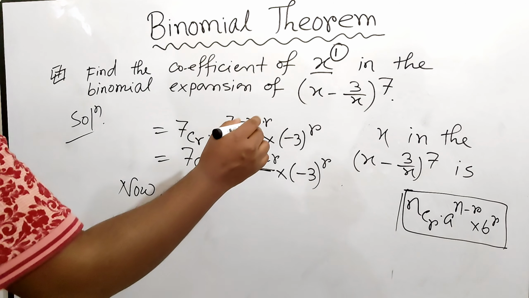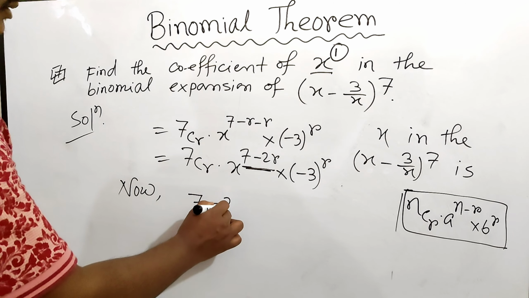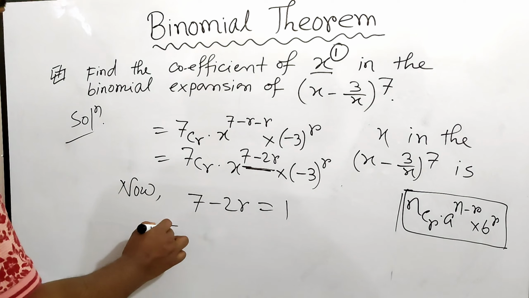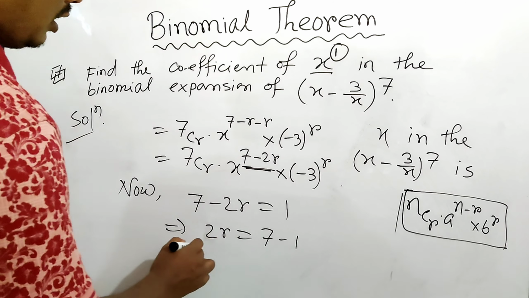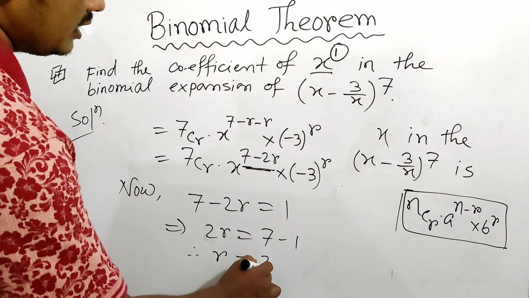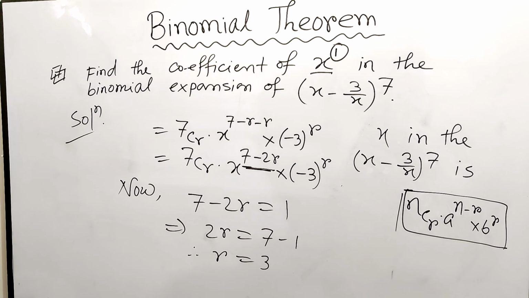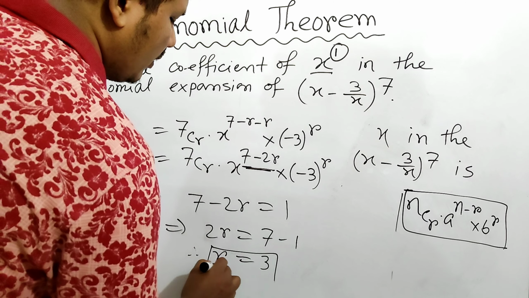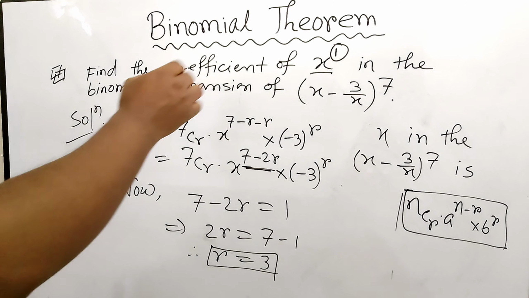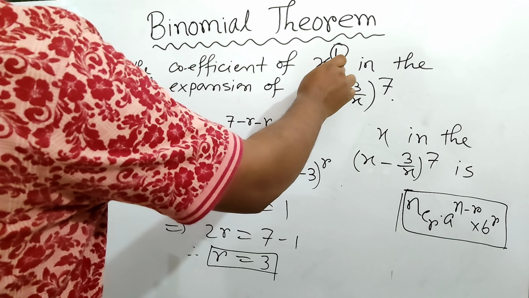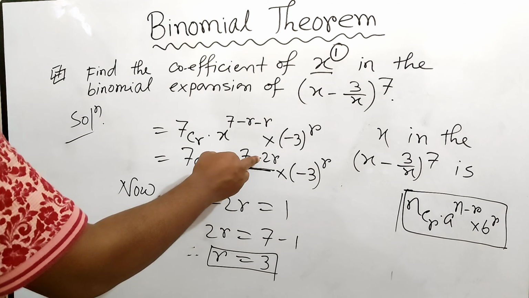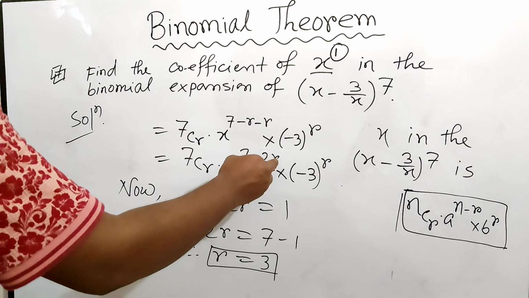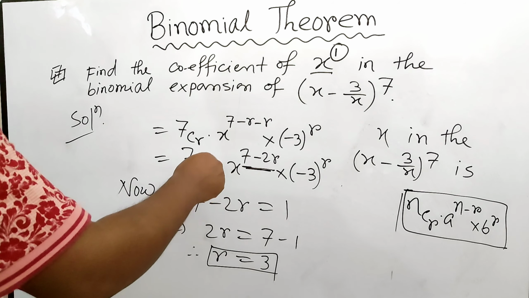So you can write 7 minus 2r equals 1, or 2r equals 7 minus 1, or r equals 3. This is so important: here the value of r is 3. Now you can easily find the coefficient of x. If you put r equal to 3, then 7 minus 2 into 3, that is 6, and 7 minus 6 is 1, that means x.